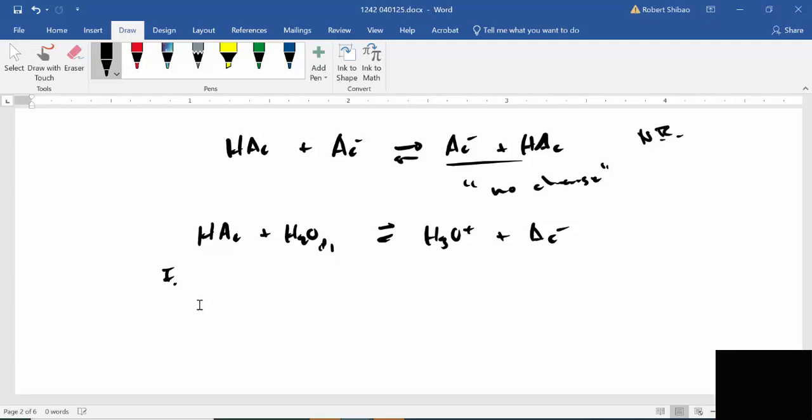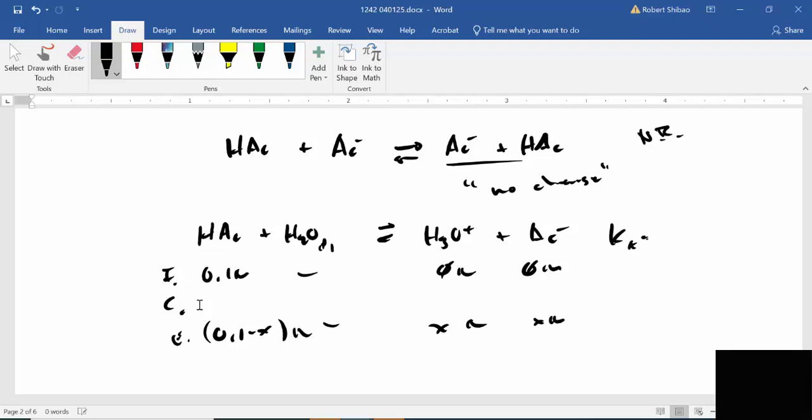All right, so initially I have 0.1 molar here, and then hydronium we're going to assume is 0 and acetate 0. And then this is going to give us our standard 0.1 minus x, here, x, and x. And so Ka is going to equal x squared, I'll skip some steps here, divided by 0.1 minus x. And then we'll use the small x approximation here, and we'll come up with x.